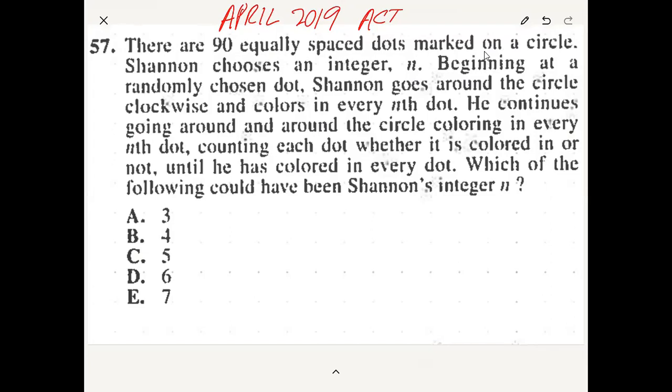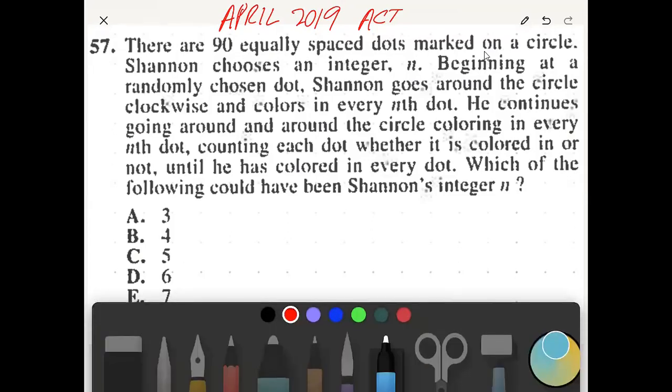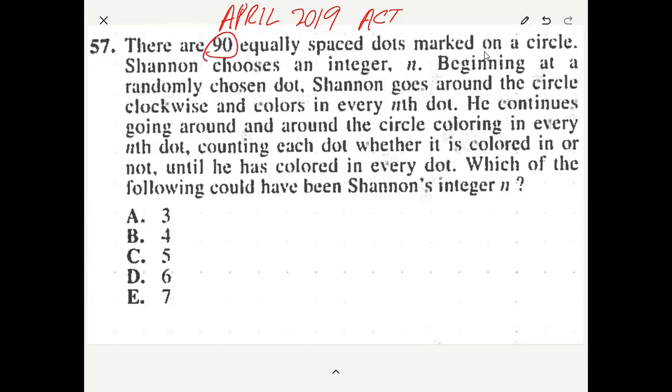So the very first thing that I thought was, let's take 90 and find the prime factors. So I said 2 times 45, 3 times 15, 3 times 5. So I said 2 times 3 times 3 times 5, right?